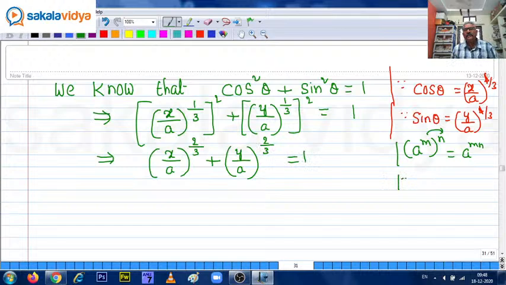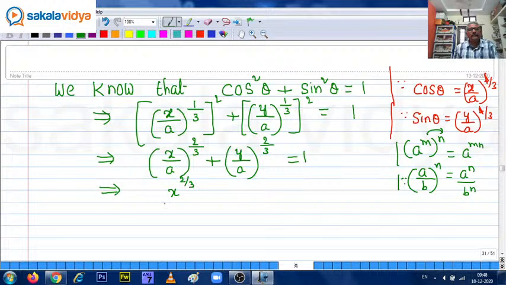Even in 8th class we have studied one more formula: (a by b) whole to the power of n. This power is meant for numerator and denominator, a to the power of n by b to the power of n. So this can be written like this now: x to the power of 2 by 3 upon a to the power of 2 by 3 plus y to the power of 2 by 3 upon a to the power of 2 by 3 equals 1.